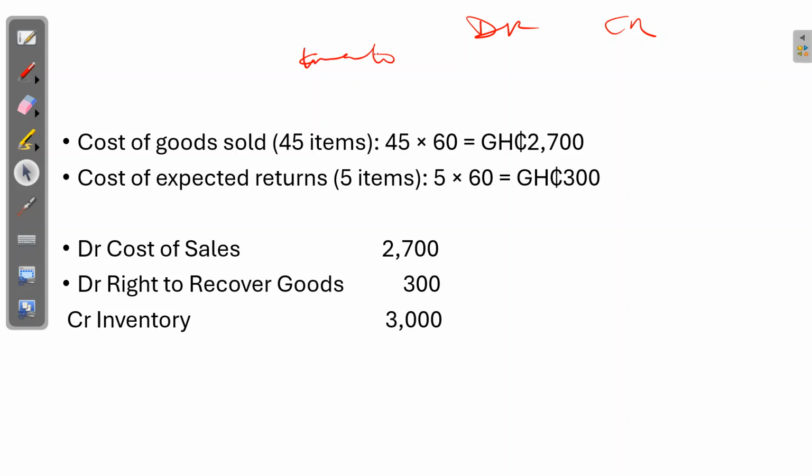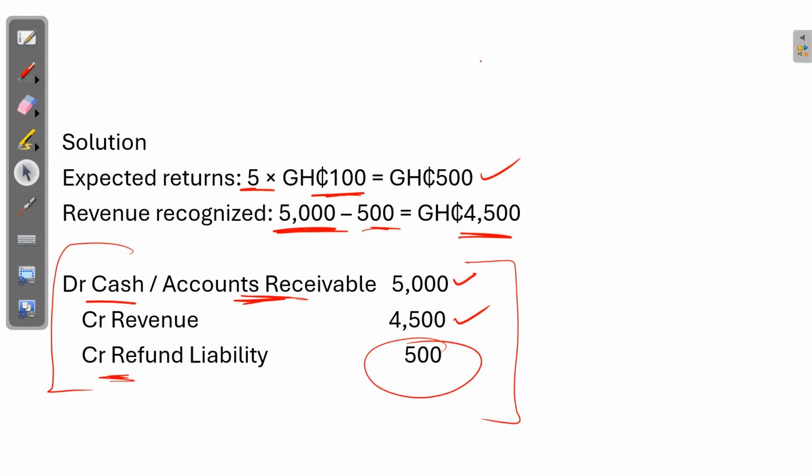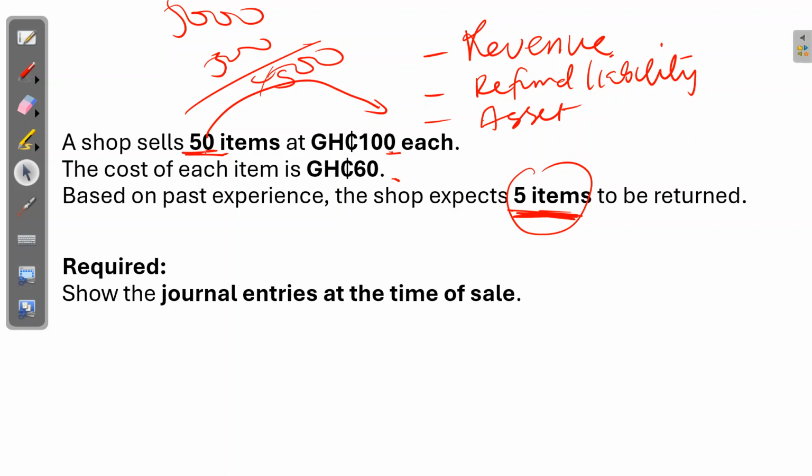So we sold 50 items at a cost of 60 cedis per item. So the cost of the items in the inventory is 50 times 60, which is 3,000.